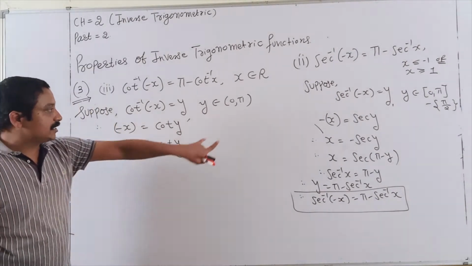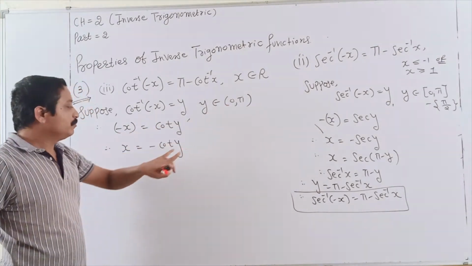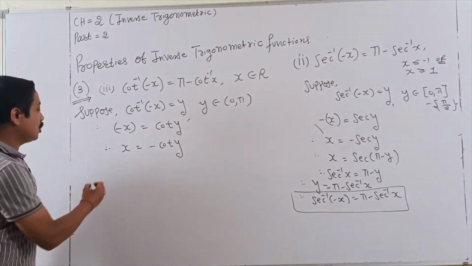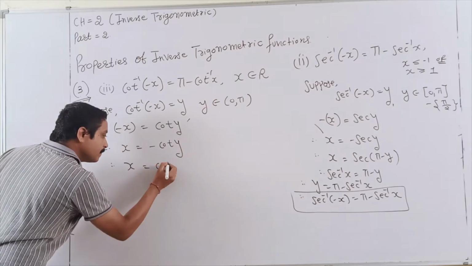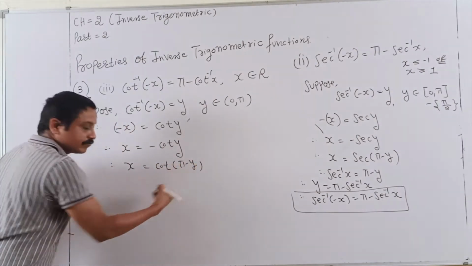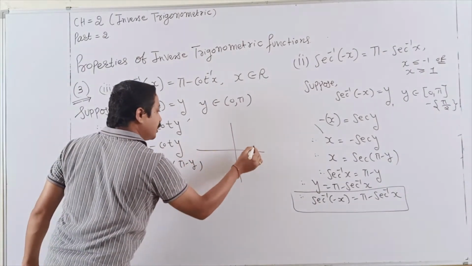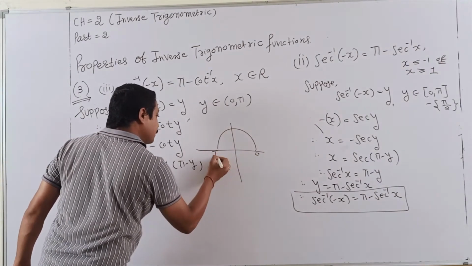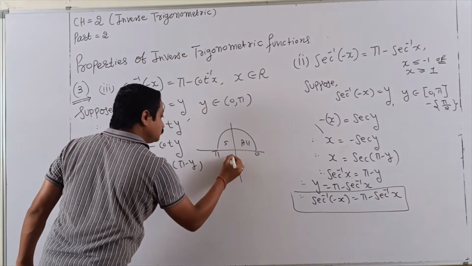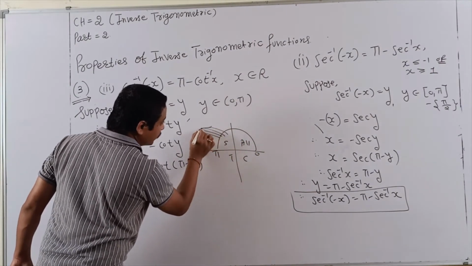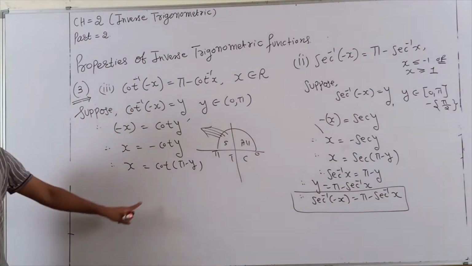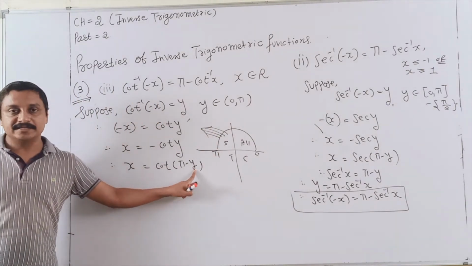Now students, in this range 0 to pi, meaning first and second quadrant, cot is negative, especially pi minus y. Show up the drawing 0 to pi. Always we see here the cot is negative. That's why I show pi minus our given angle.